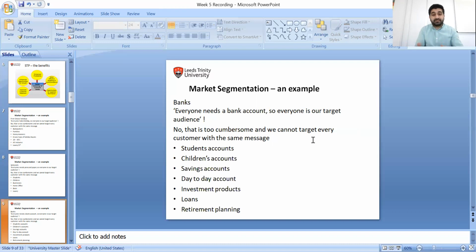We have to be specific based on, number one, customer accounts: how many children's accounts, how many customers need a savings account, how many are looking for a day-to-day account, how many businessmen are looking for investment products, etc., and how many people are looking for a loan and retirement plan. So when we are talking about market segmentation, we have to be specific, and identify the customer's need and demand.